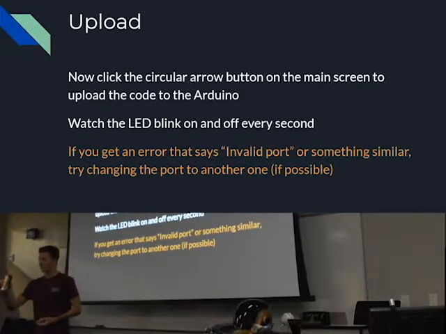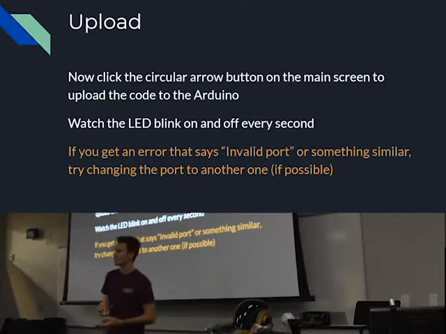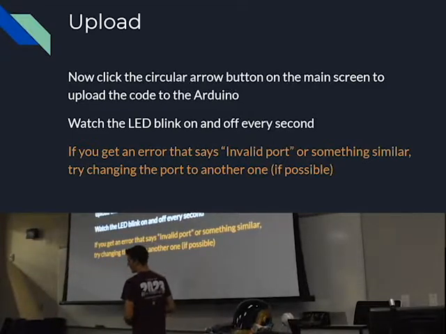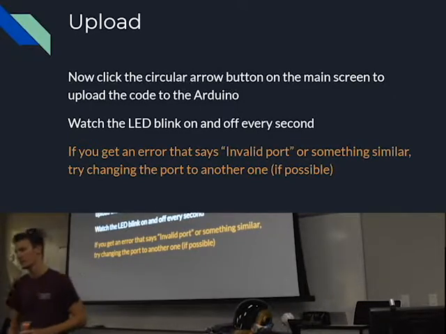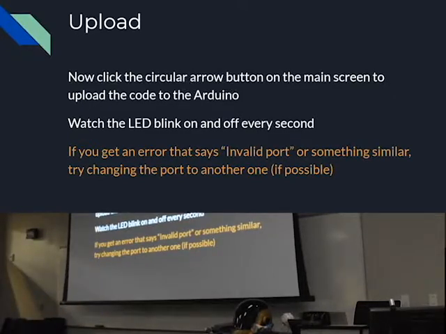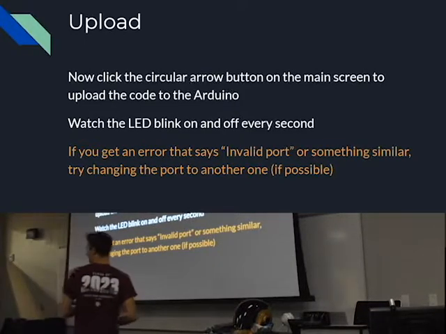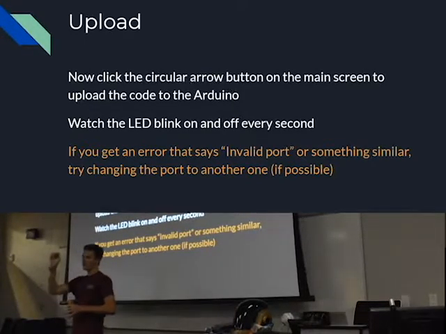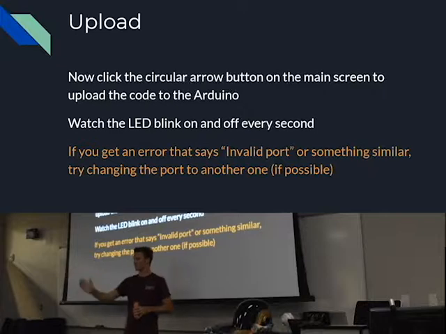So when we look at loop now, if you all look at your code, you'll see, what's the exact name? digitalWrite. Okay, so digitalWrite. This basically says, I'm going to digitally tell this pin, hey, turn on.